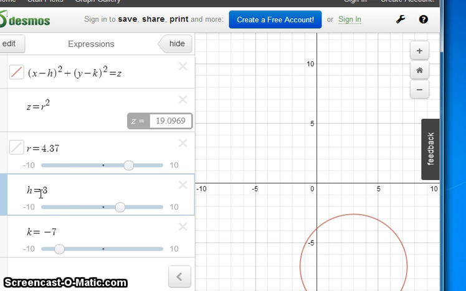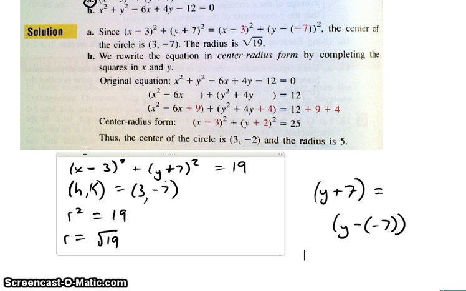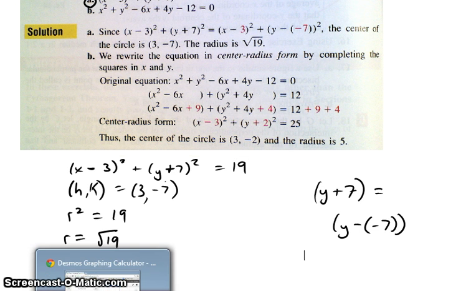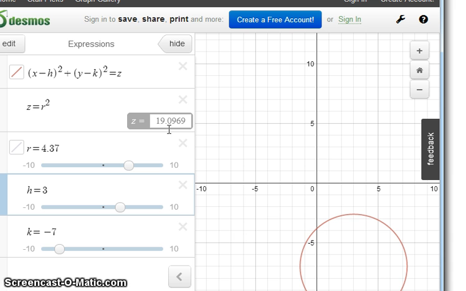I can also change h and k with this slider here. But the way I have it set up right now matches up with the problem right here. X minus 3, y plus 7, and then equals 19. So that z is 19, and that's what I have right here. But I can modify z by modifying r. It's not exactly 19, but it's close enough.